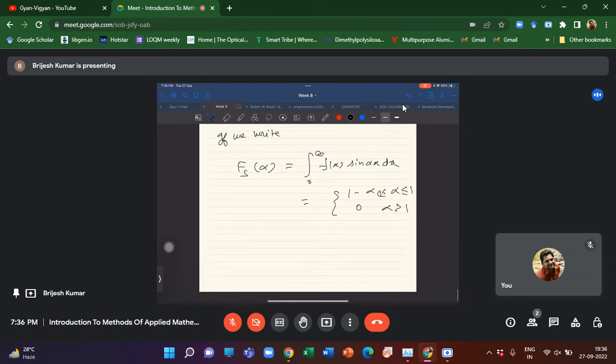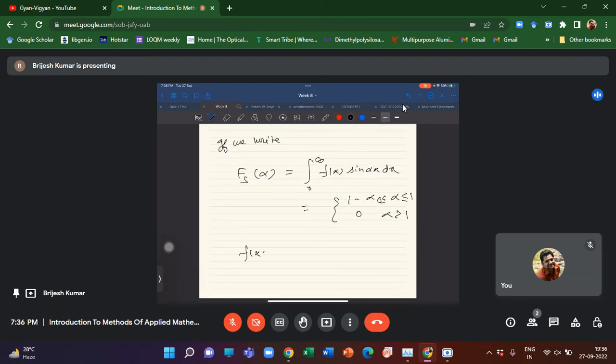So from this, from the inverse Fourier sine transform, we can write 2 upon pi, integral from 0 to infinity of Fs(alpha) sine alpha x d alpha.